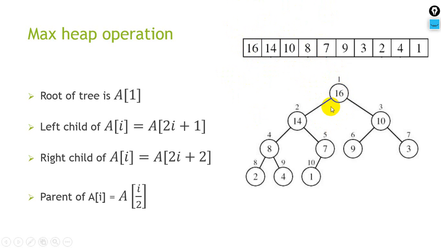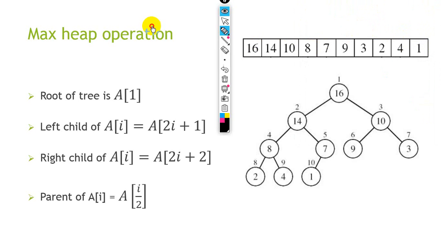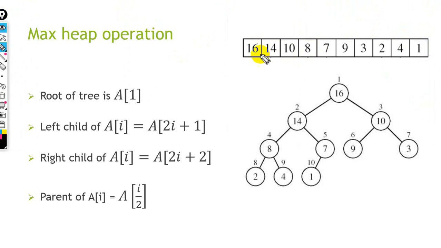So here we have an array: 16 14 10 8 7 9 3 2 4 1.